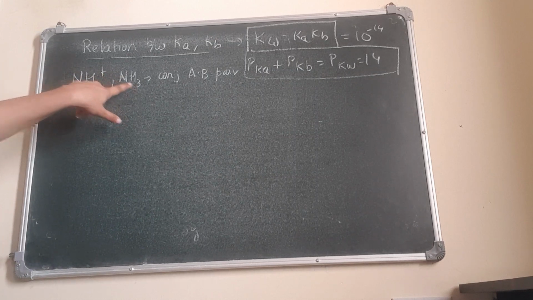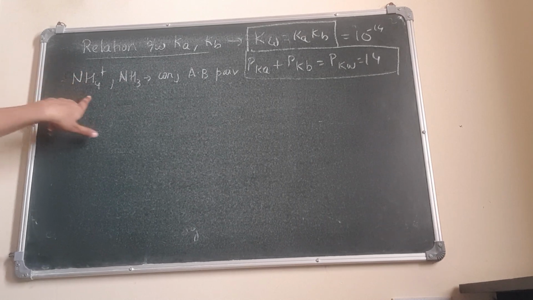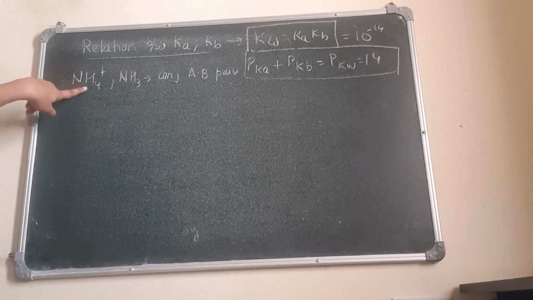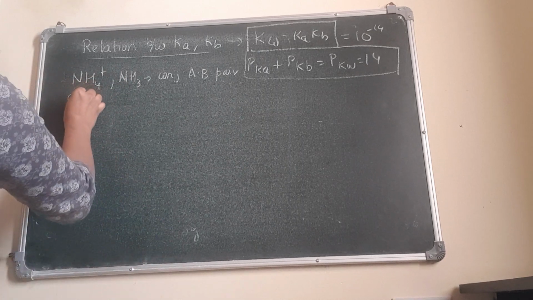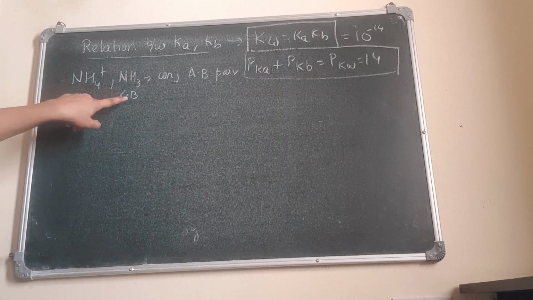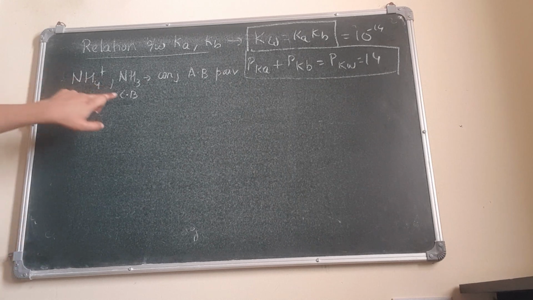Look at that, NH4 plus has one proton extra compared to NH3. So that means this is able to donate a proton and you are getting this, or this, if it accepts a proton, you are getting this. So clearly this is an acid, and this will be its conjugate base, or if you consider this to be the base, this will be the acid.